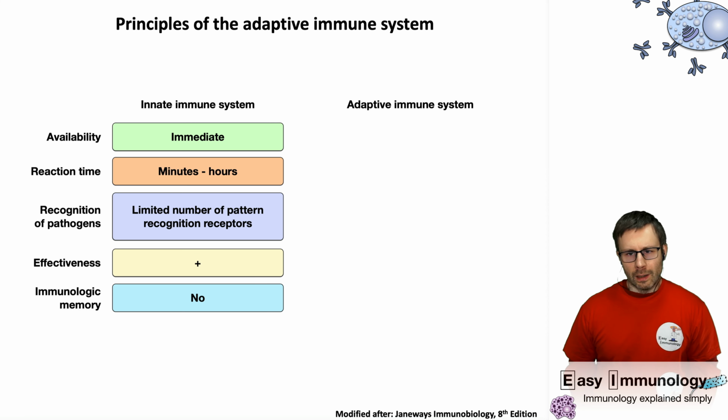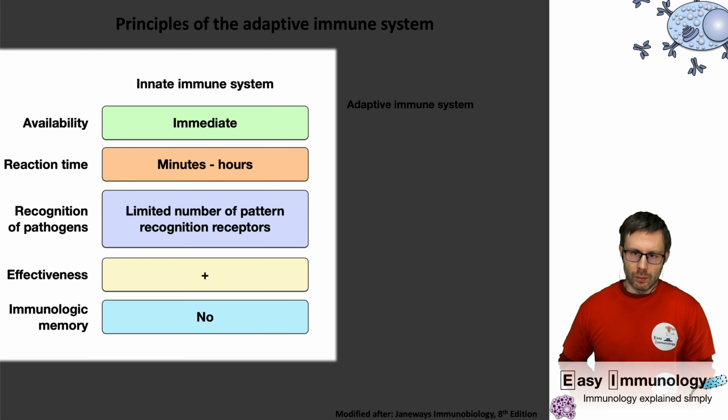So what we also learned, I think this is where we stopped the last time, is that the innate immune system, which consists of different cells that we looked at, is available immediately after birth. It can react within minutes and hours, and it does so by recognizing the pathogens as dangerous and foreign using a limited number of pattern recognition receptors.